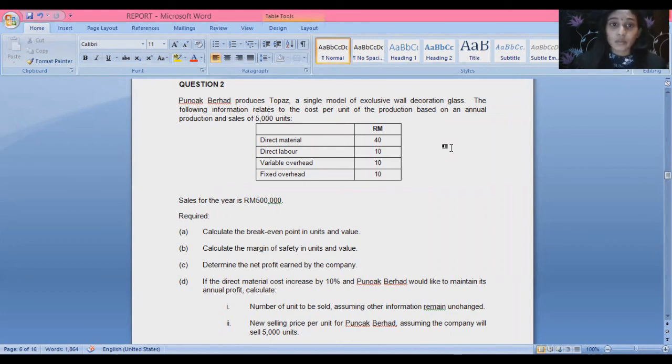The fourth one is we need to find out two things, which are the number of units to be sold and also selling price per unit for Puncak Berhad, assuming the company will sell 5,000 units.